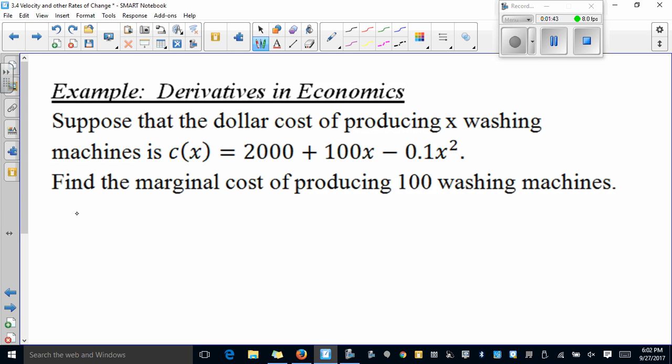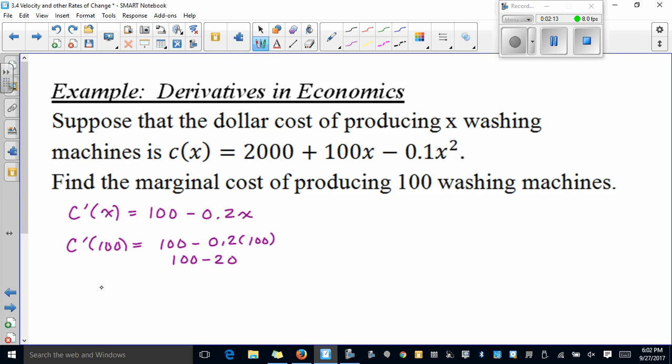So we want C prime of x, which is going to be, the 2,000 drops away, we're left with 100 minus 0.2x. But they're asking us about 100 washing machines. So C prime at 100 would be 100 minus 0.2 times 100, which gives us 100 minus 20.